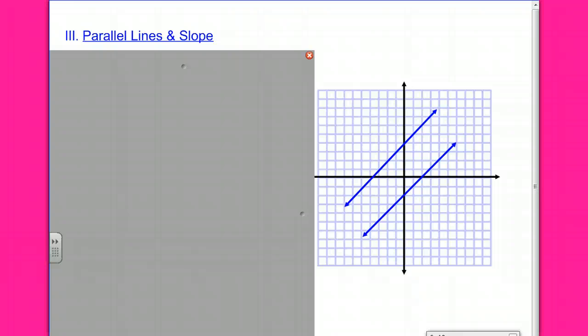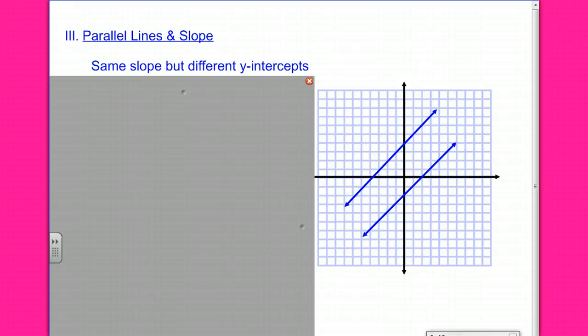Their slope is the same, right? Does everyone agree? Yep. What is different, though, about them? Nick? They have different points altogether. They don't share anything in common point-wise, right? But when we're thinking about slope-intercept, in particular, what do they have different, Jillian? They never intersect, that's true. And Emily? They have different y-intercepts, okay? So we have same slope, but different y-intercepts.